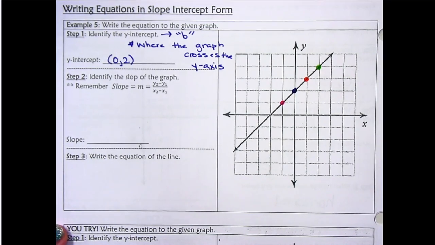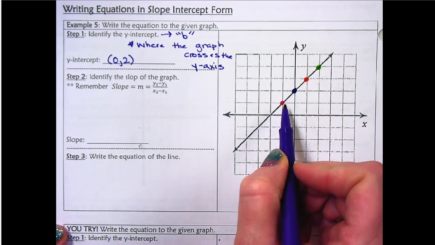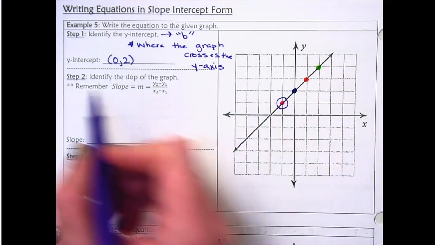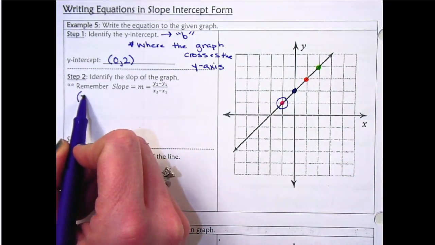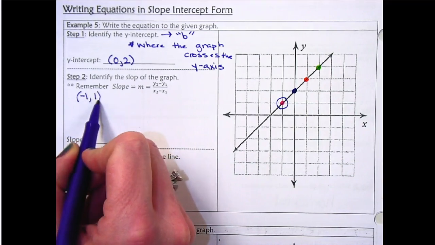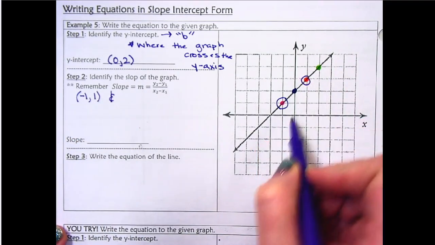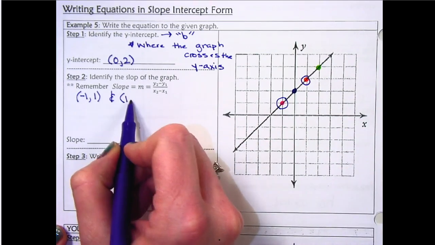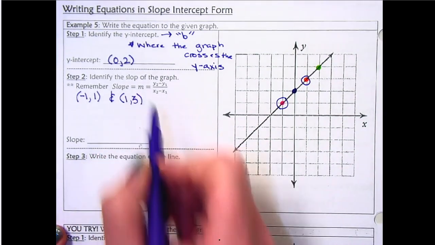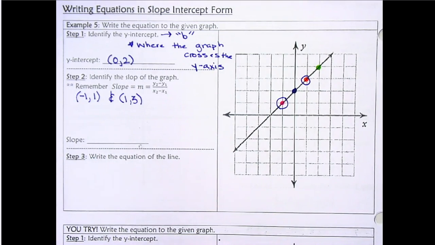For this purpose, I am going to pick (-1, 1), and I am going to pick (1, 3). So the skill you need to know for this step in itself is how to read a coordinate plane and how to name ordered pairs.